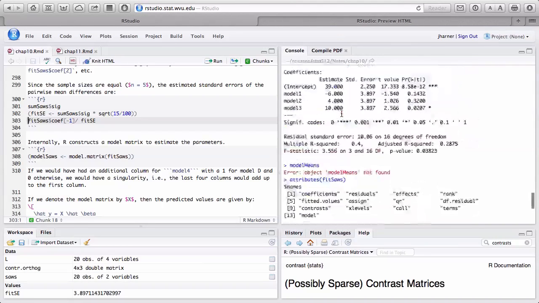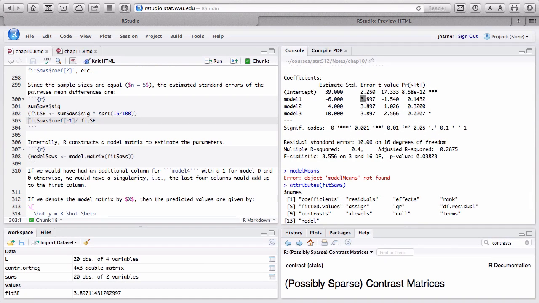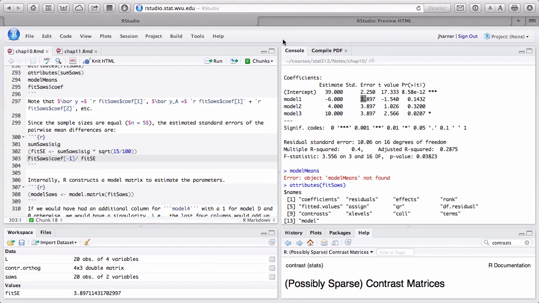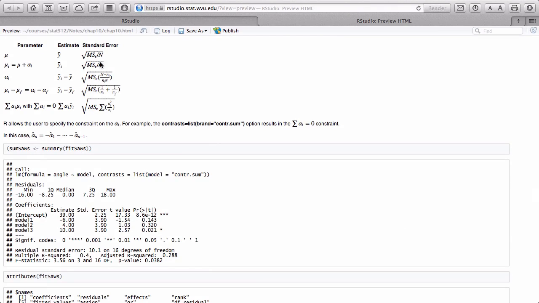Where is that in the AOV table? Well, that's all these three right here. They're all the same because the sample size is equal. So in other words, I'm testing the alpha sub i's equals 0 here. And those are the standard errors, and I just showed you how to compute that. I could have shown you how to compute any one of these quantities.